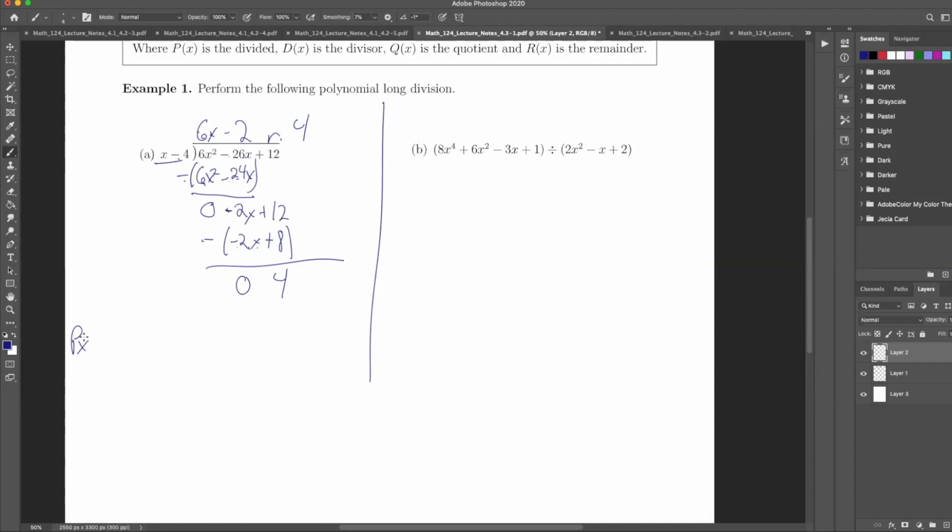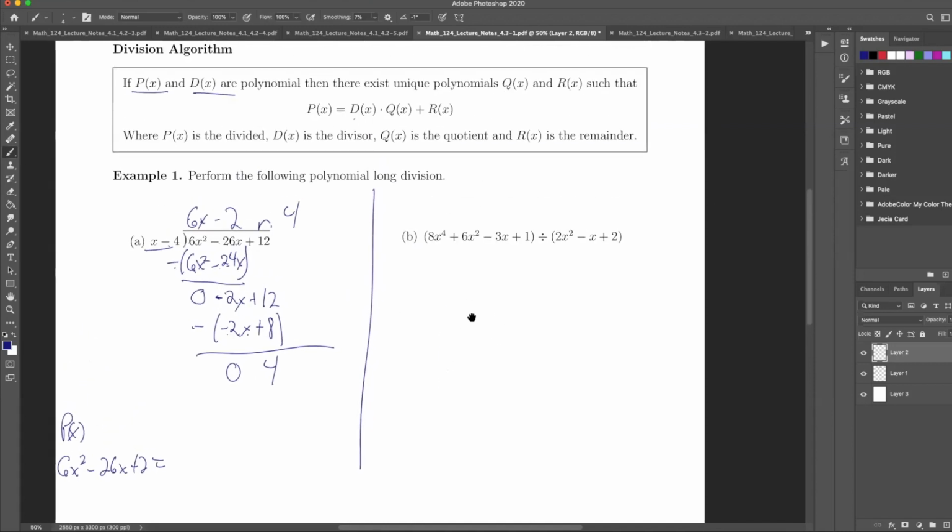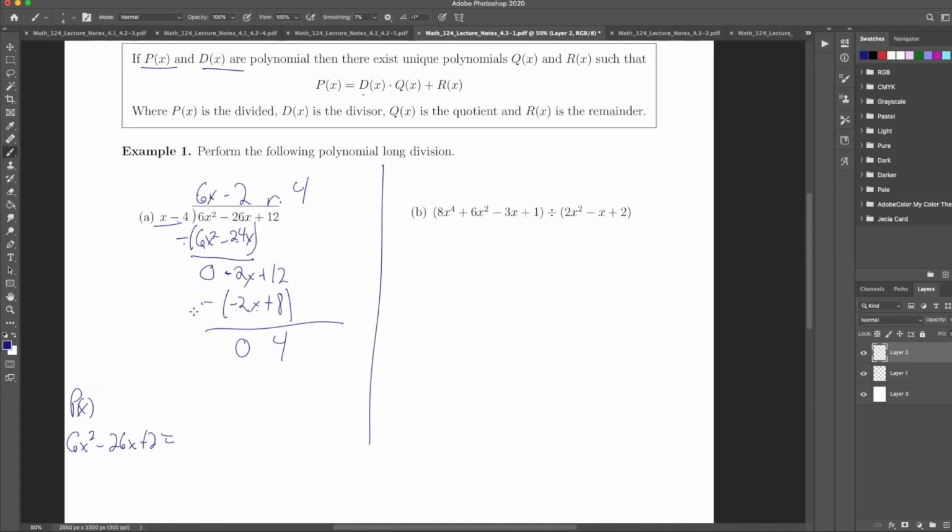And so p(x) in this case was our dividend, which is what I'm dividing from. So that is x squared minus 26x plus 12, equal to d(x), which here is x minus 4, times q(x), which is 6x minus 2, plus my remainder, which is 4.